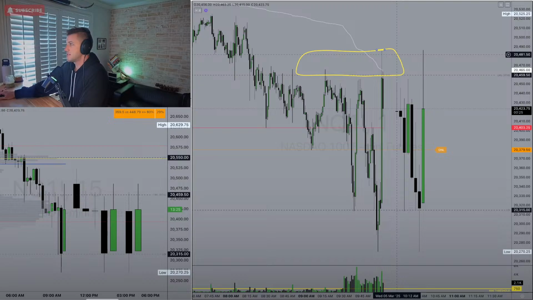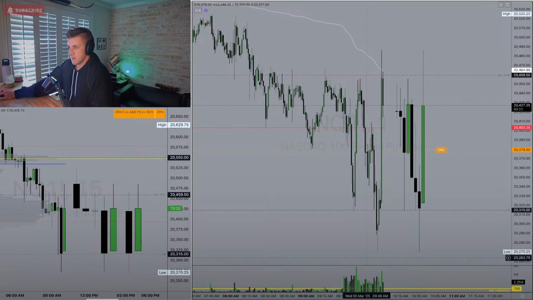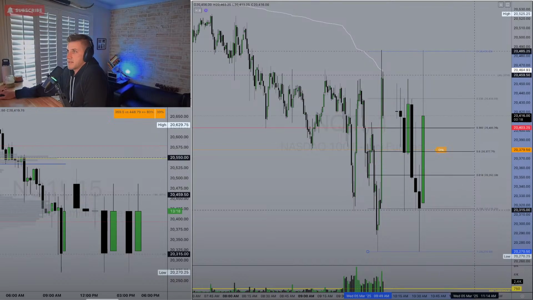So let's see what kind of retrace we get here. For the most part, that intraday range mentioned earlier, 315 by 460, pretty much still in play for now.